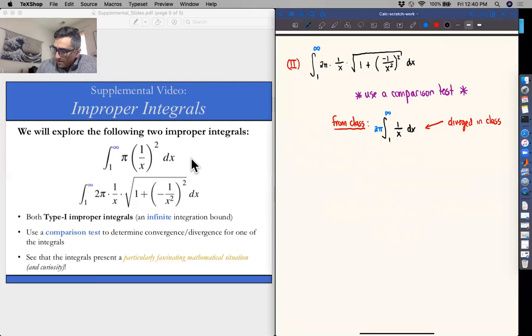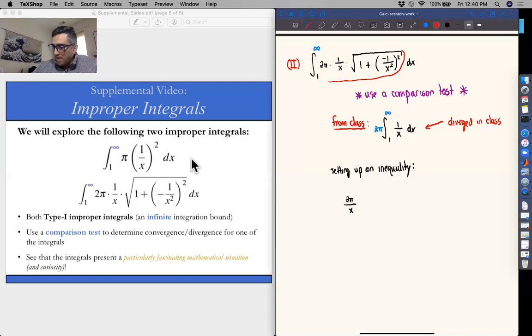So, for example, I'm just going to write what we're trying to do is set up an inequality. So we have 2 pi times 1 over x, or just 2 pi over x. And what we're trying to do is compare to that remaining thing, that would be this square root, but still with this original function in front.